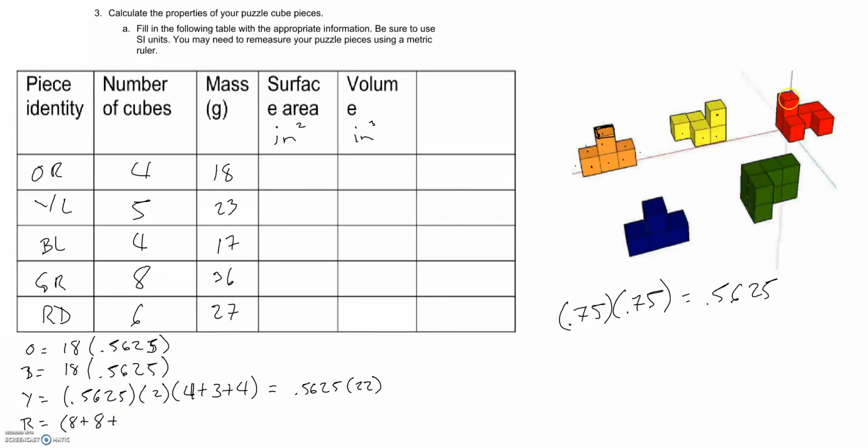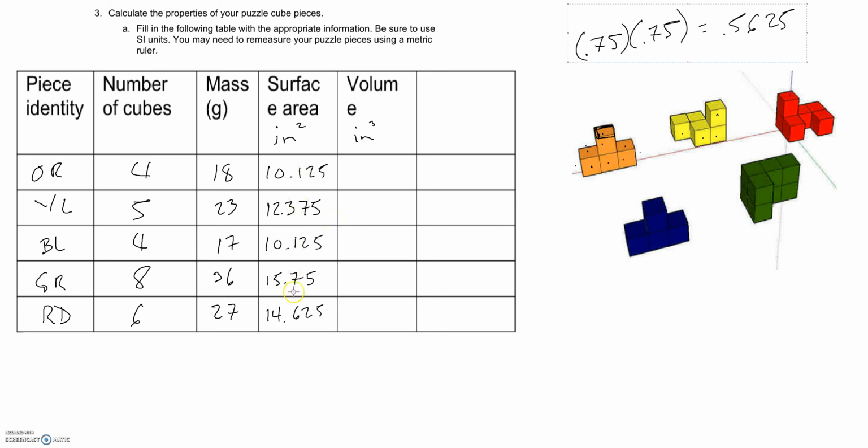And then from the top and the bottom, there's 1, 2, 3, 4, 5. 5 and 5 is 10. So 8 plus 8 plus 10 is 26, times 0.5625. Alright, so you can see how this pattern's going to go. I'm running out of space, so I'm going to pause the video, do the math, and put it into the surface area column here.